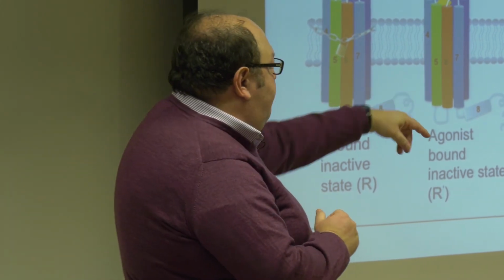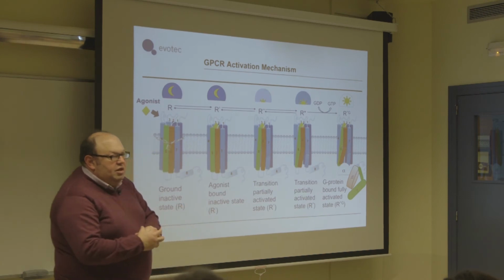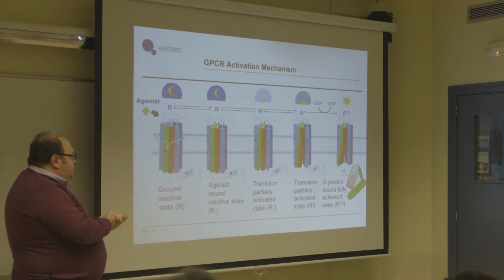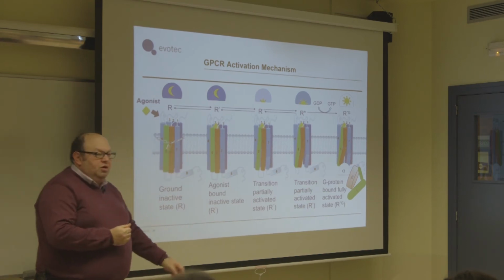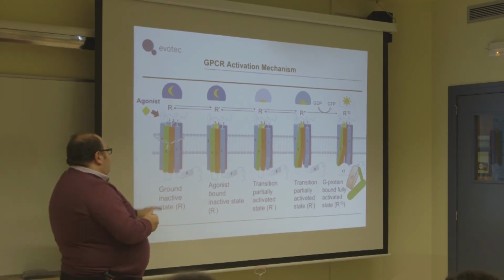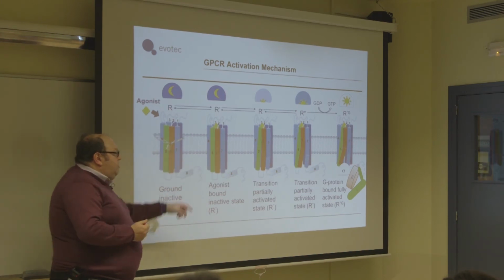As a result you have binding of G proteins from the intracellular part, causing a signal. Or there are antagonists, which lock the receptor in its inactive form and do not allow its activation. So: agonist and antagonist.